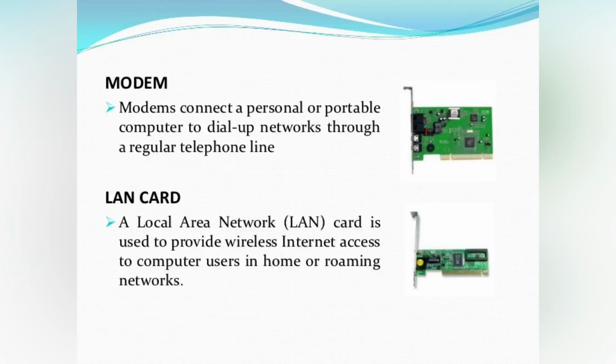First we have modem. A modem basically connects a personal or portable computer to a dial-up network through a regular telephone line, whereas a LAN card, that is local area network, is used to provide wireless internet access to computer users in home or roaming networks.